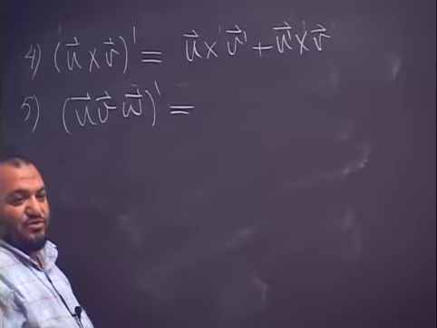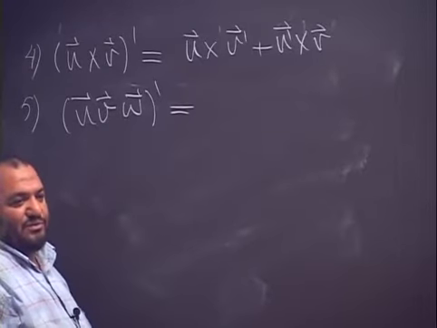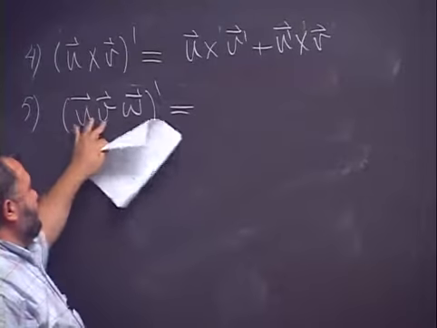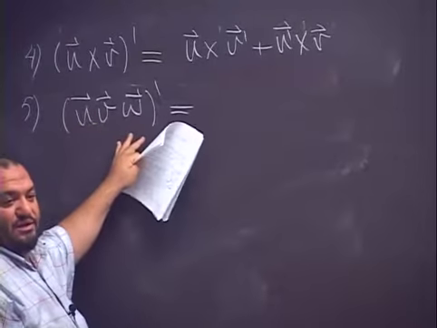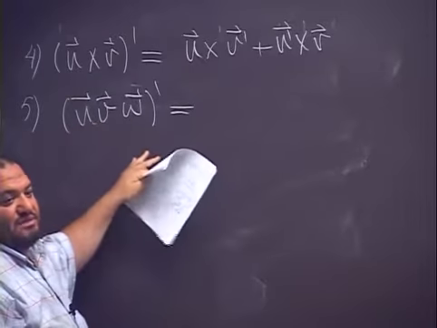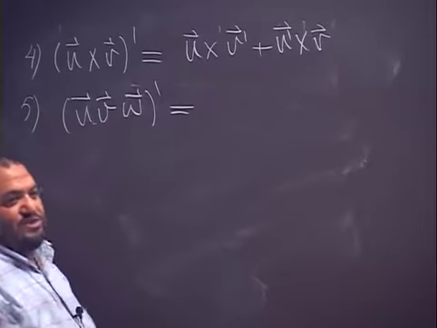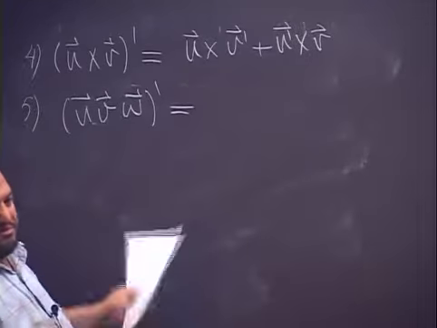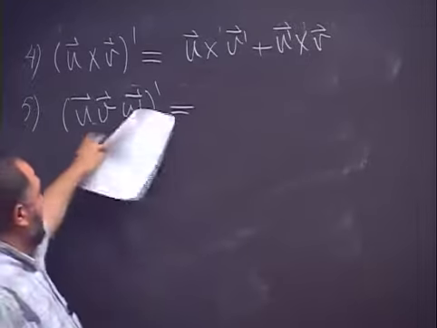This means that you can do any combination, u dot v dot omega or whatever. Of course you cannot have u dot v dot omega, why? Because u dot v is a scalar and you cannot dot a scalar with a vector. So u dot cross or u cross dot or something like this. So I will leave it like this.